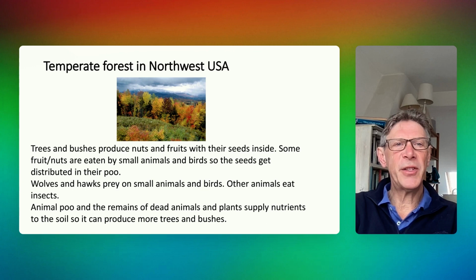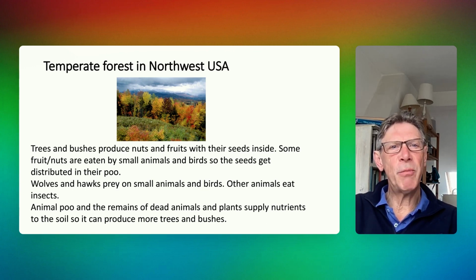And in this forest, there are many trees and bushes, and on the trees and bushes, nuts and fruits are produced. And inside the nuts and the fruits lie seeds. When these fruits and nuts are eaten by small animals and birds, the seeds get distributed in their poo.